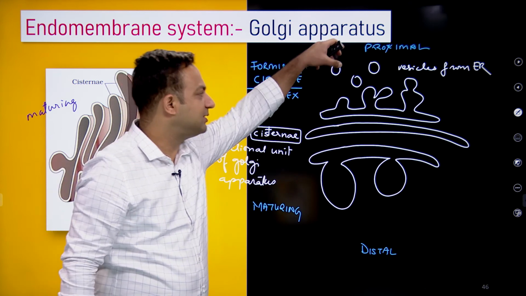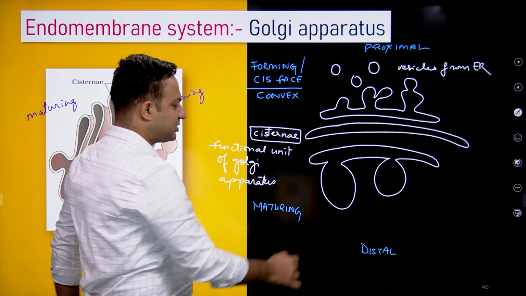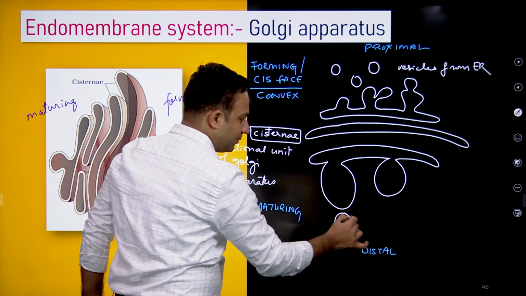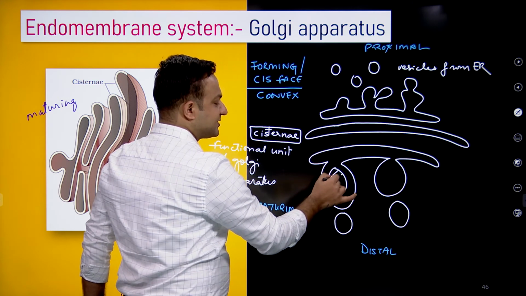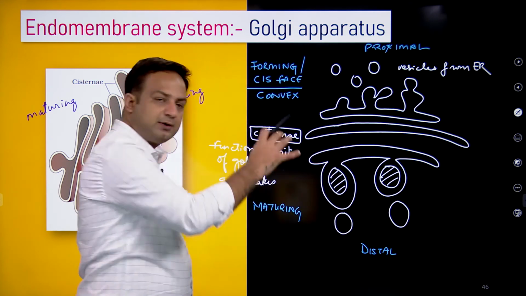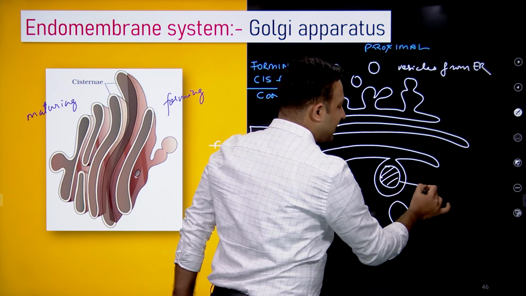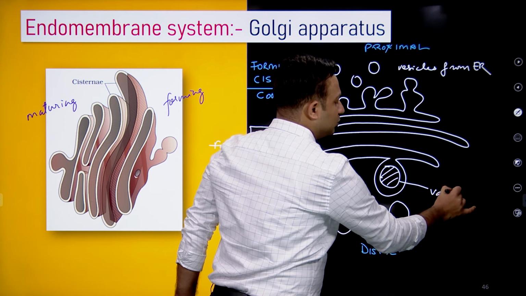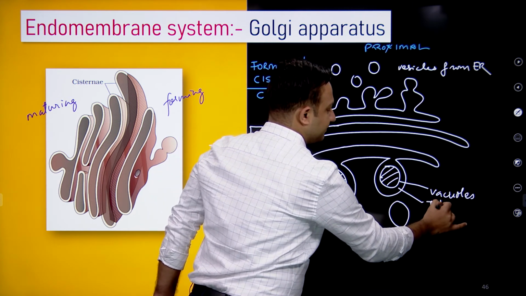Here the bulges are coming into the cisternae, here they are going out from the cisternae, gone, leaving behind the empty space. The extensions which are formed because of pinching of cisternae are called as tubules, and the empty spaces are called as vacuoles.